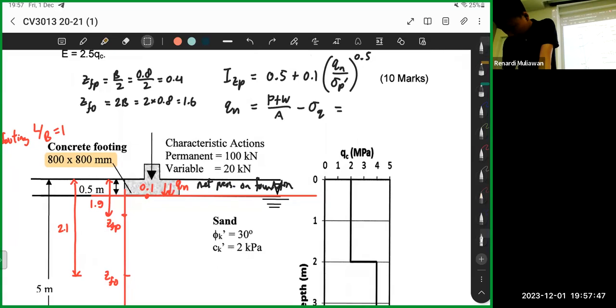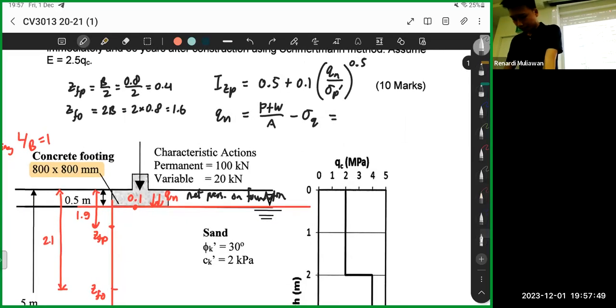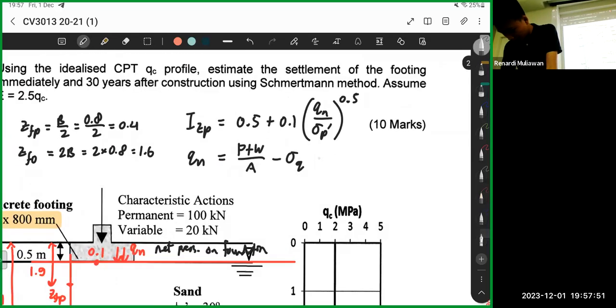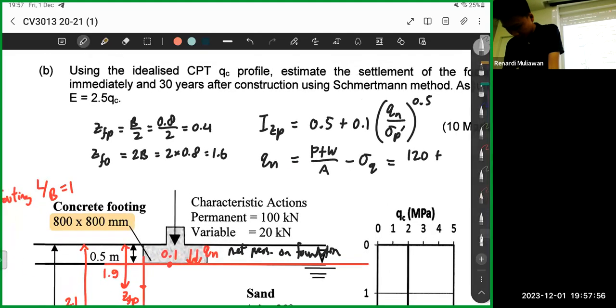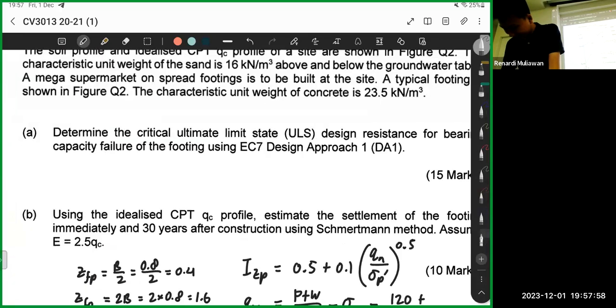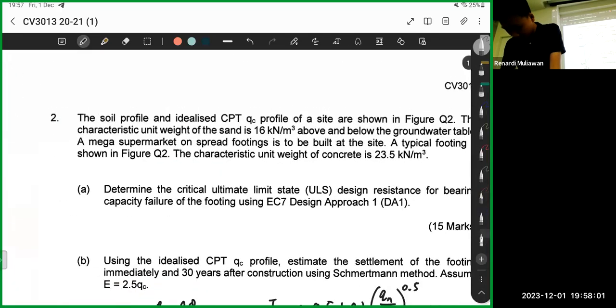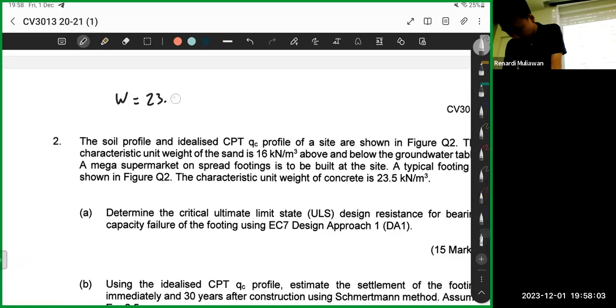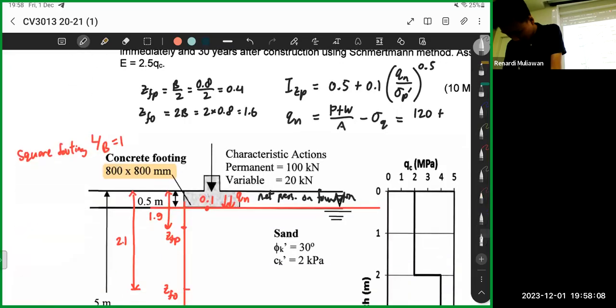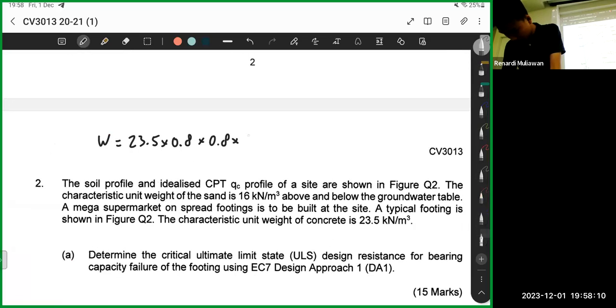So in this case, P is 120 plus the weight of the foundation, which is 23.5 times 0.8 times 0.8 times 0.5. We get 7.52 kilonewtons.